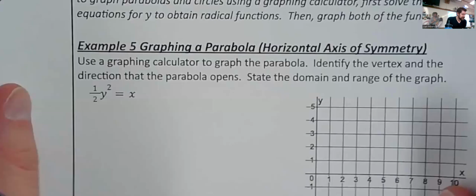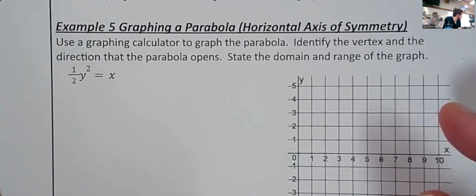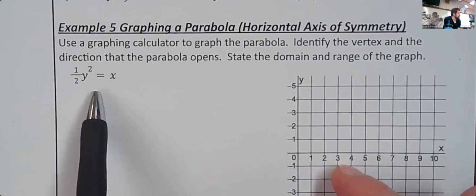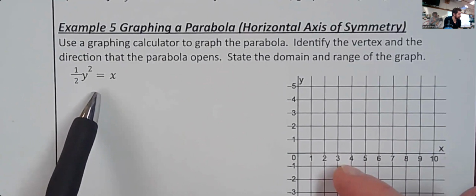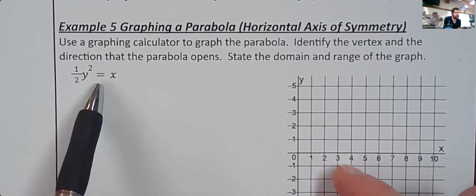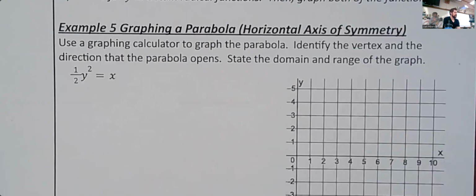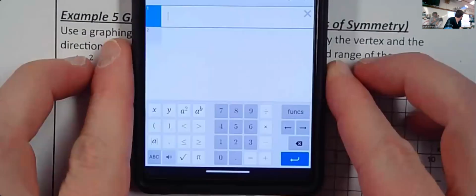All right. So we're going to use a graphing calculator to graph this, but we can't graph it like this. Now, Desmos might allow us to do that. I think Desmos probably would do this. It would probably be fine with you typing in 1/2 y squared equals x. In fact, let me just do a double check here. So here's the Desmos graphing calculator.